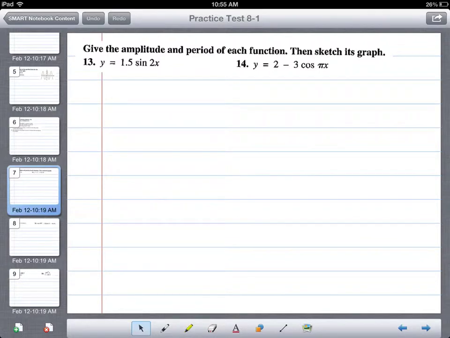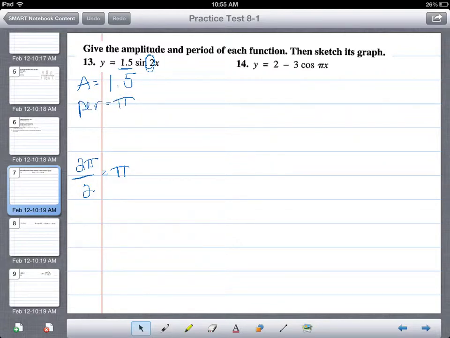So give the amplitude and period of each function and then sketch the graph. So here's our amplitude. Amplitude is 1.5. And this is b. This isn't the period, that's just simply b. Remember, period is 2 pi over b. So in this case, period is now pi.